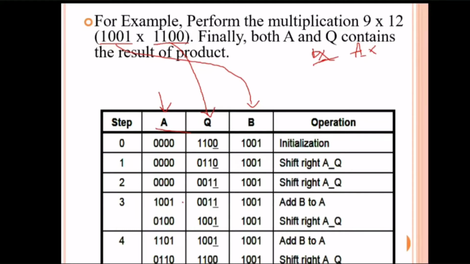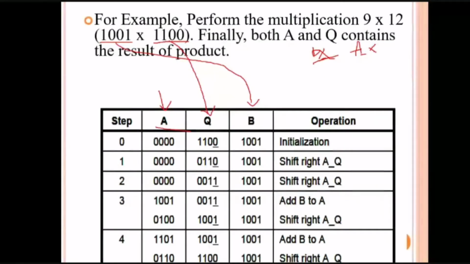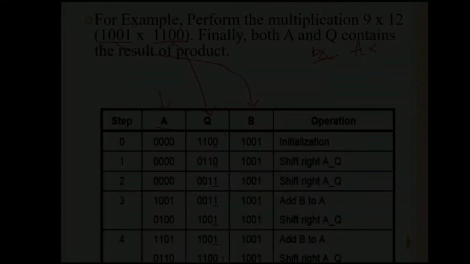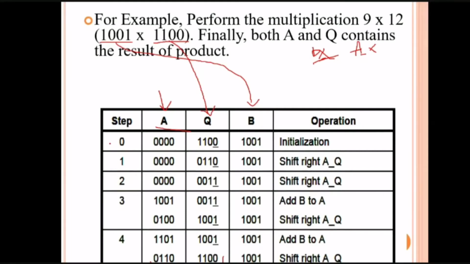The final result will be stored in A and Q, so the final result will be in AQ. A will have the higher byte and Q will have the lower part. First you should remember all these things. What I said, the 0th step is the initialization step, where we need to initialize the variables A, Q and B. Initially the A value will be 0.